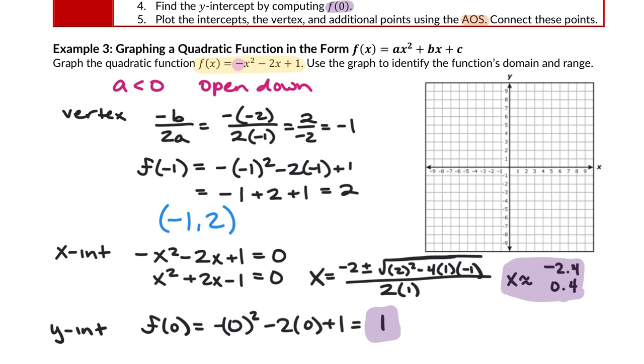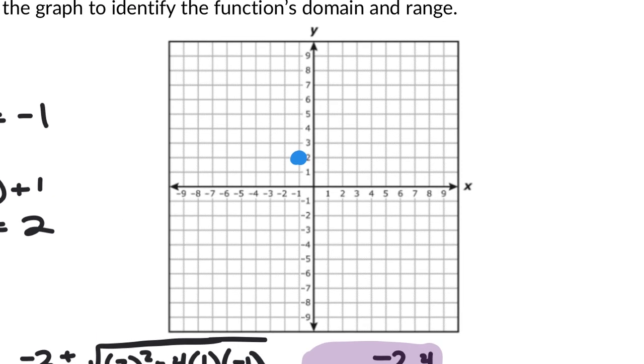So we start at the beginning. We have a vertex of negative 1 comma 2. We have x-intercepts at approximately negative 2.4 and 0.4. And we have a y-intercept of 1.